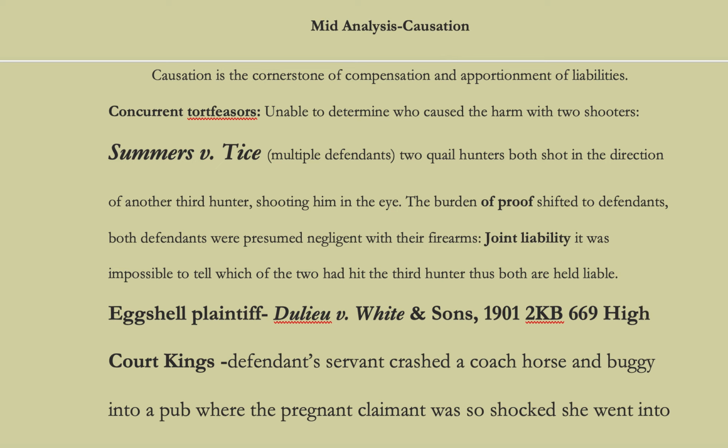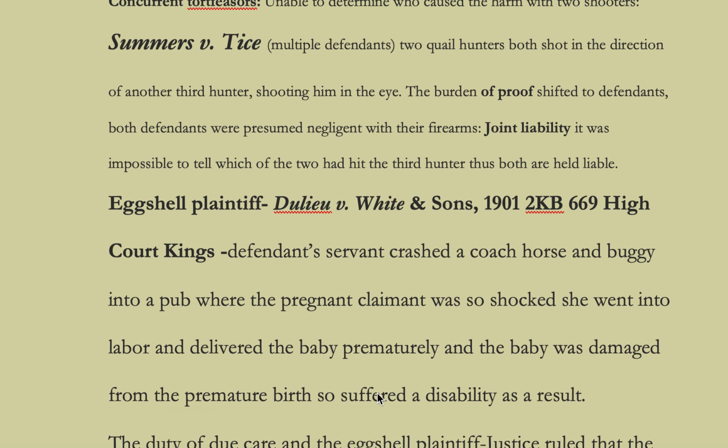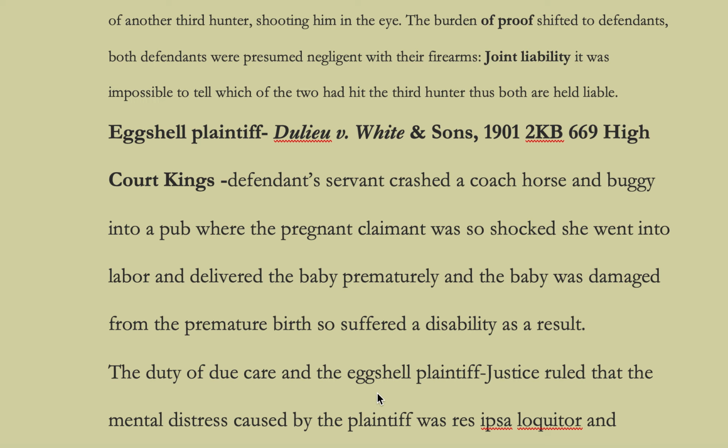Okay, so that's important to understand when you're going to get a tort fact pattern and it's not clear. There's multiple tortfeasors. Now, they talk about independent intervening causes, superseding causes, and I'm going to get into that in a minute.